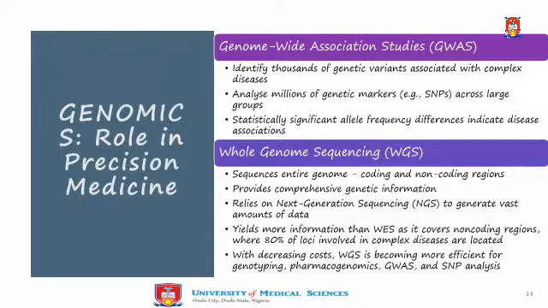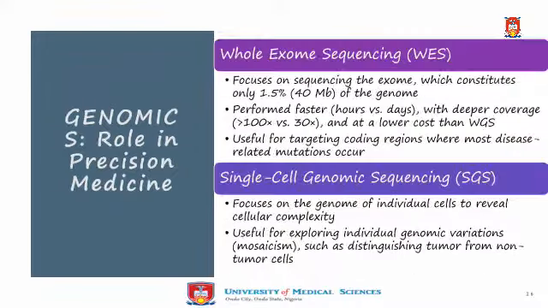With whole genome sequencing, you have cases and controls, and you'll be able to see what particular variants are more associated with the disease. And then you have whole exome sequencing, which sequences all the protein-coding parts of your genes. And then we now have single cell genomics. This focuses on the genome of individual cells.